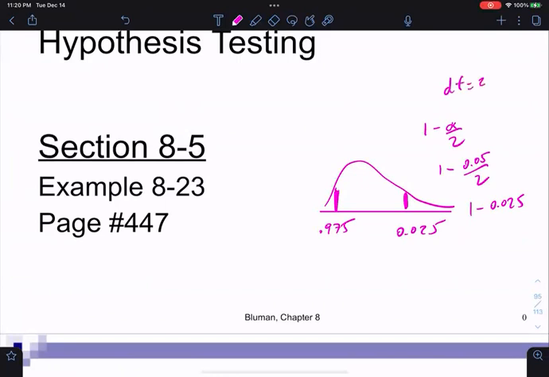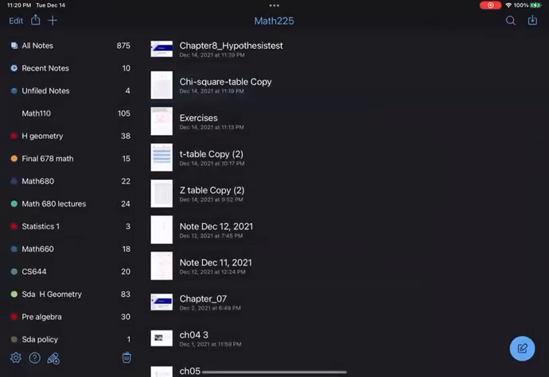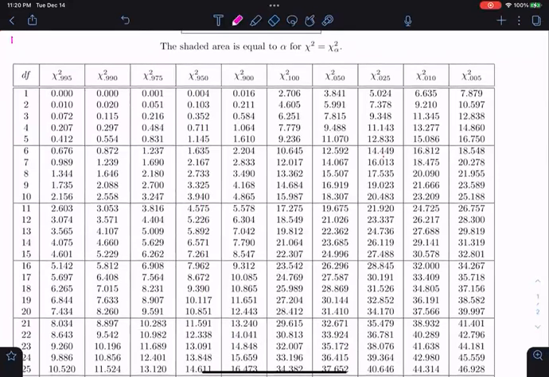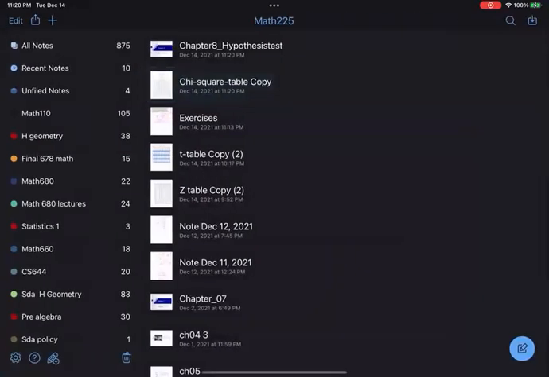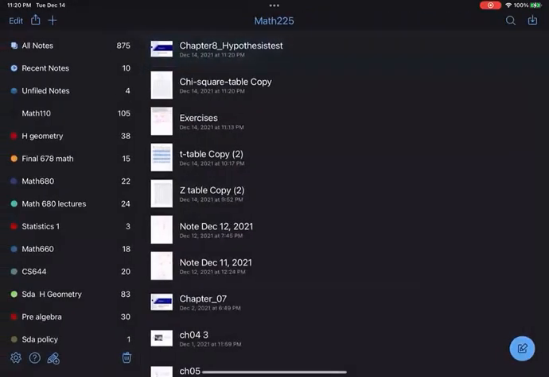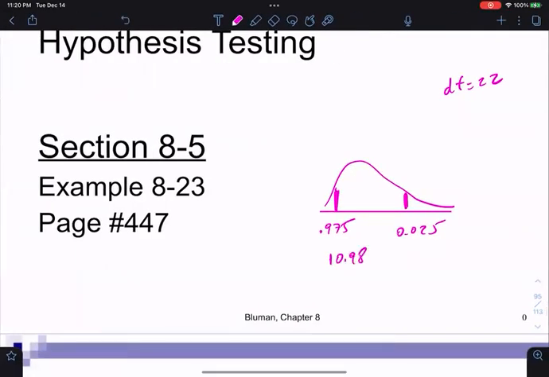Degrees of freedom is 22. I apologize for that. So here I need to do 0.025, right? 0.025 and 22 degrees of freedom. So 0.975 is 10.98, like I was saying before. 10.98 and 0.025.